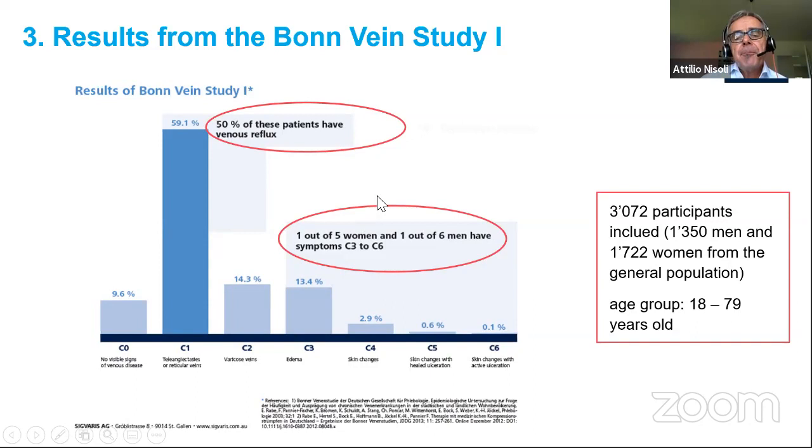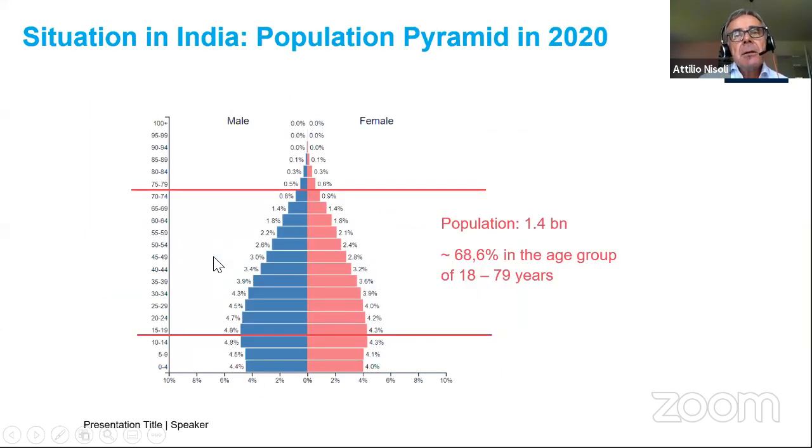Having these results, I'm aware maybe we can't just compare it to the rest of the world, but on average, I think it also counts for the majority of countries. So what I did, I had a proper look into your country, and I was looking at the population pyramid in 2020.